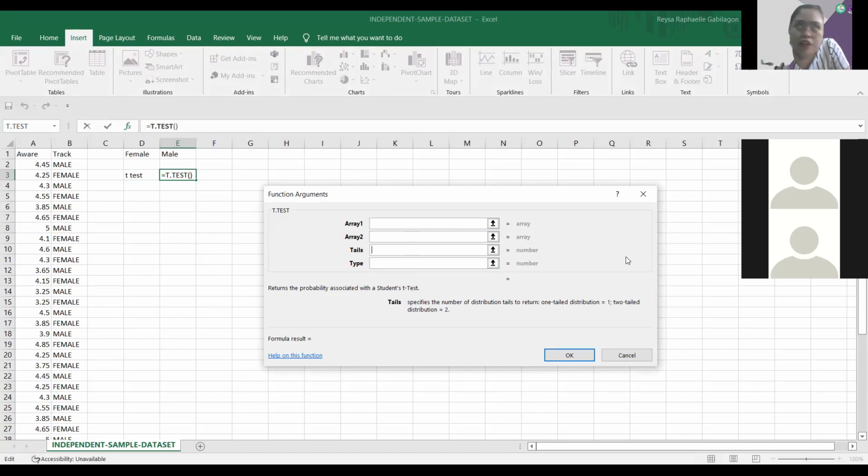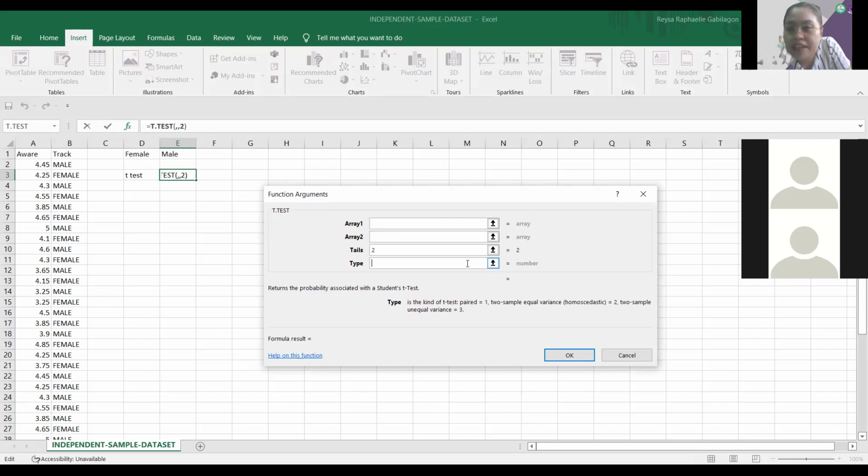So look at your hypothesis there, if may direction ba yan or wala. But I think most of your hypothesis walang direction. So you just place here 2. Okay? 2 yan siya.